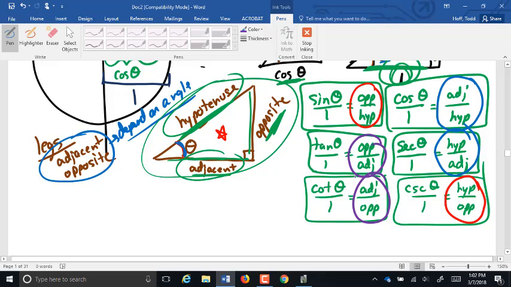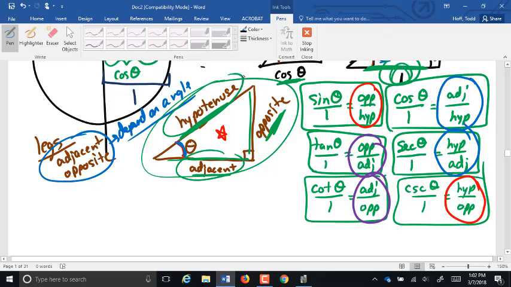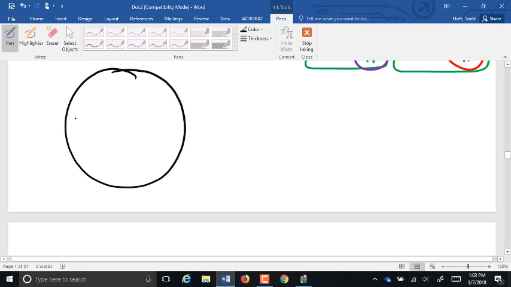Cotangent's adjacent over opposite. We have a lot more to discuss with those, but we're going to deal with that more later. We did a little foreshadowing right before we left yesterday, using our unit circle.